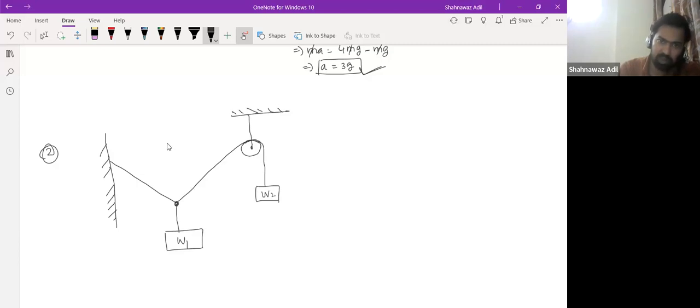They have also given the values of these angles. This one is 37 degrees, and this is 53 degrees.